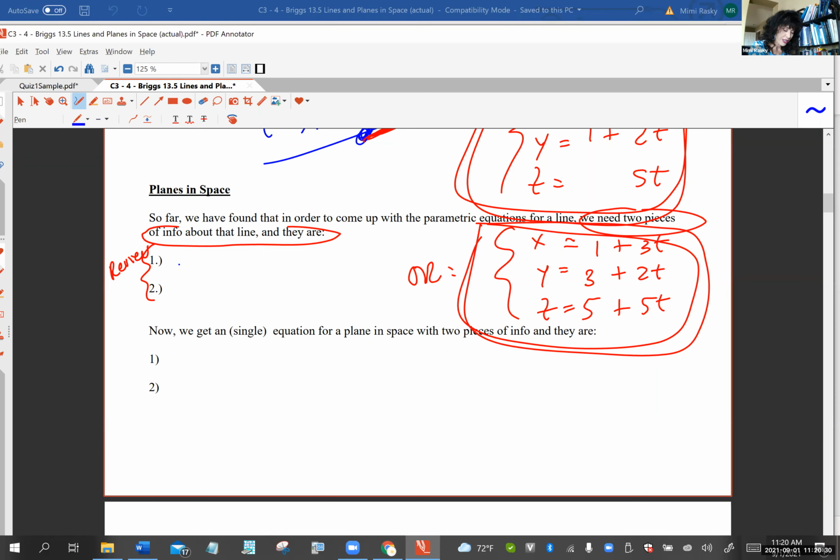All right, you need a point on the line, and you need a direction vector. So those are the two ingredients you need if somebody says, hey, go get me the parametric equations for a line. You're like, oh, hold on a minute, I need to get these two things and I'll be right back.